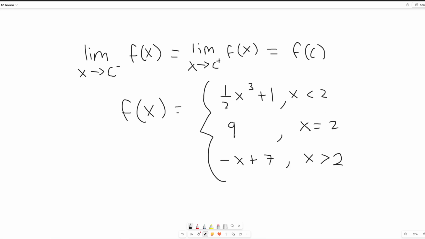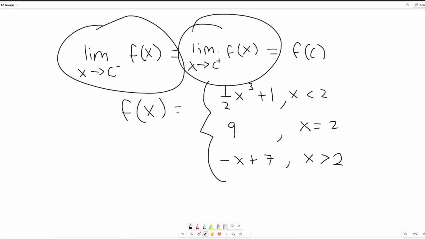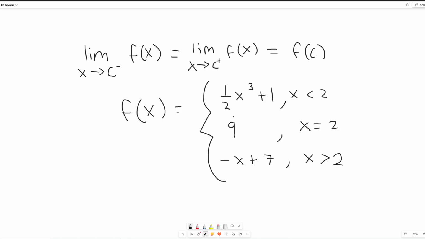As we proved before, this limit equals 5, this limit equals 5, but now we've added this extra condition, f of 2 equals 9, and this does not equal the limit, so this is not continuous.